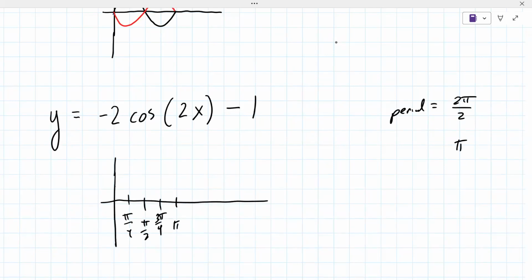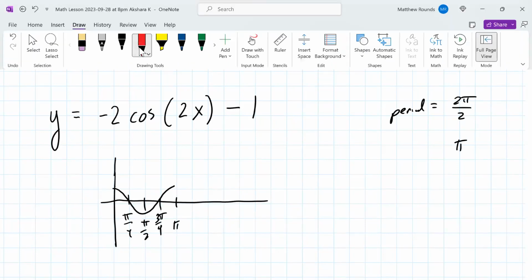Okay, so the cosine, the parent function, looks like this. Hang on just a second.